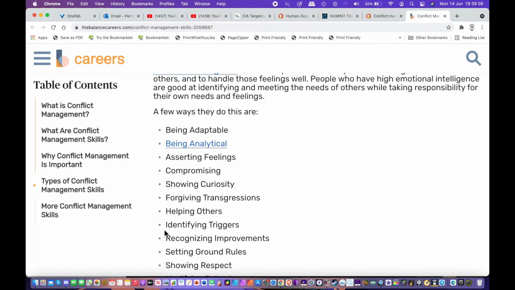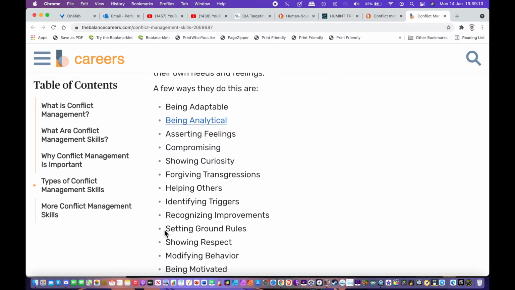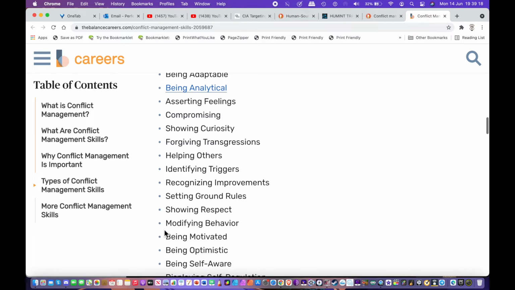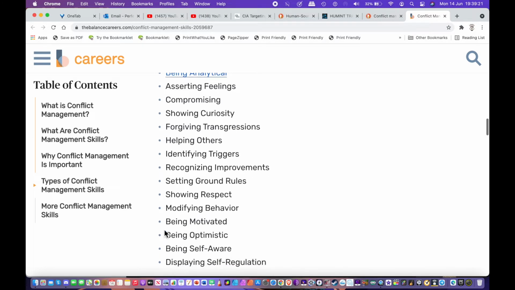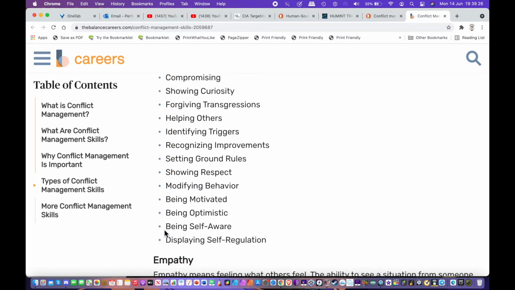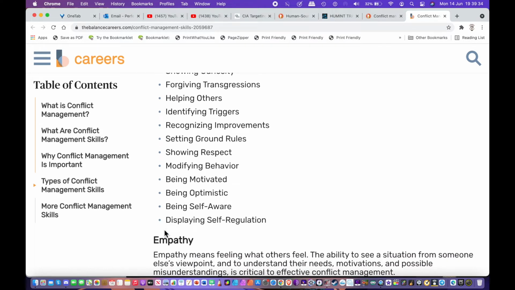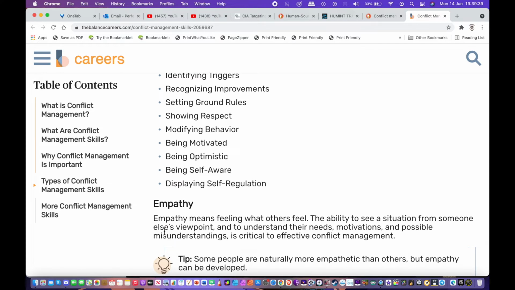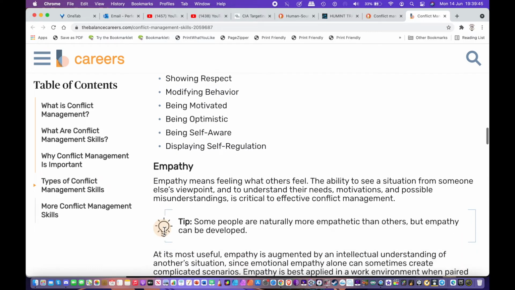A few ways they do this are being adaptable, being analytical, asserting feelings, compromising, showing curiosity, forgiving transgressions, helping others, identifying triggers, recognizing improvements, setting ground rules, showing respect, modifying behavior, being motivated, being optimistic, being self-aware, displaying self-regulation.